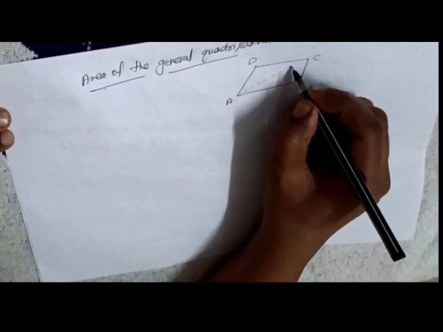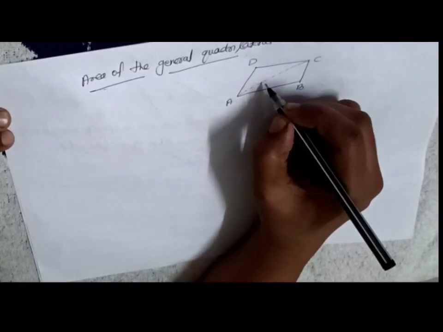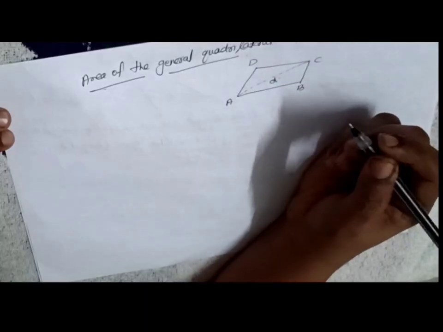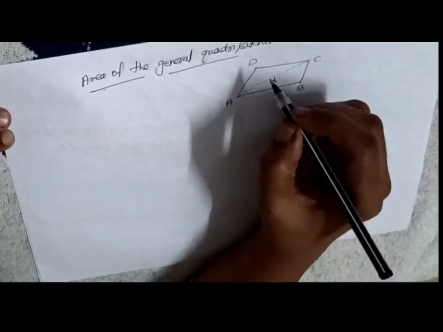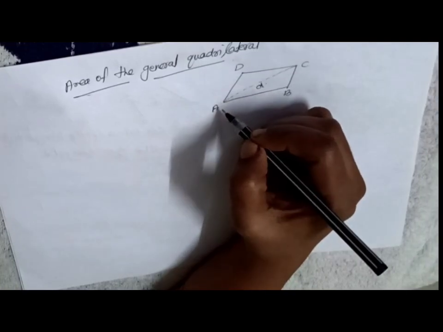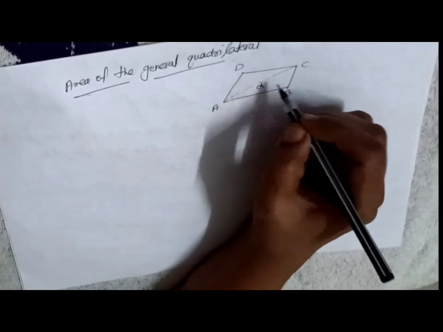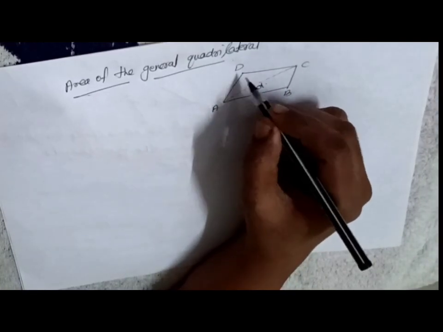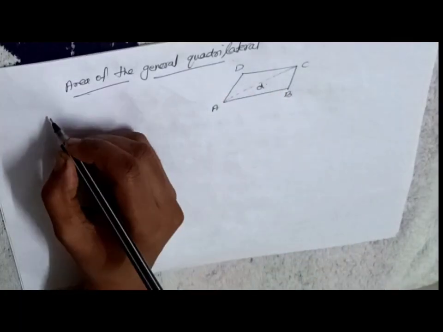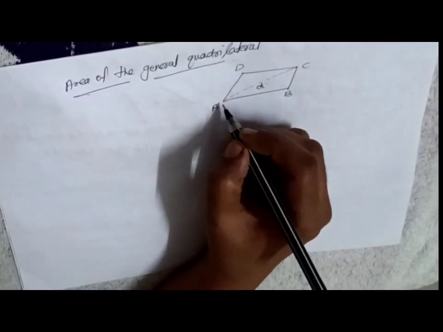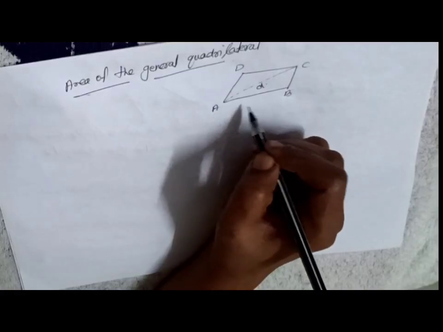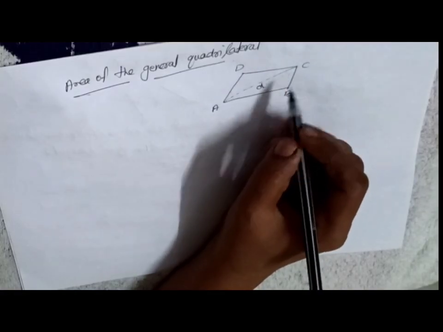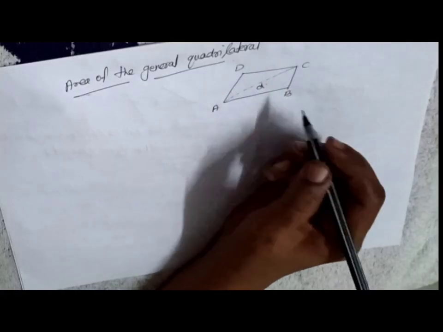We have to draw a diagonal AC, denoted by D. How can we find out the area of this quadrilateral? When we draw a diagonal, we get two triangles, triangle ADC and triangle ABC. Therefore, the area of triangle ADC plus the area of triangle ABC will be equal to the area of the quadrilateral.